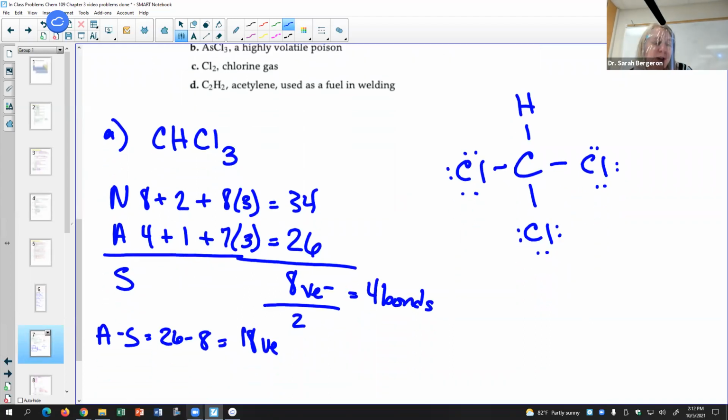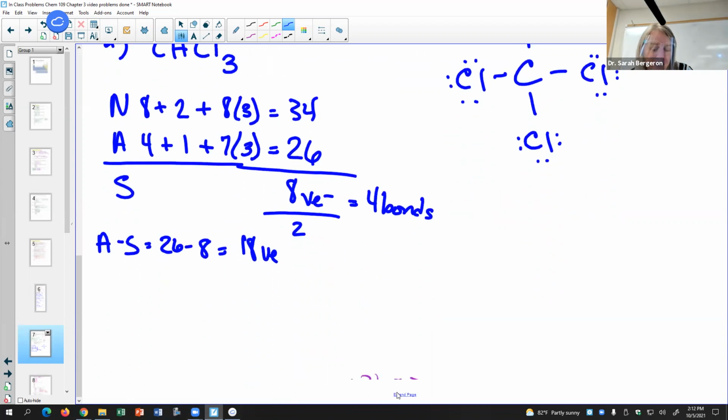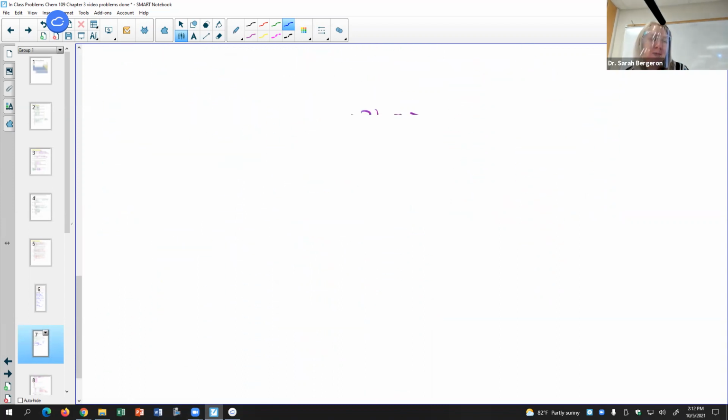All right, AsCl3. All right, so let's do this one. We're just going to draw it in our Lewis dot. Okay. As, how many valence electrons?